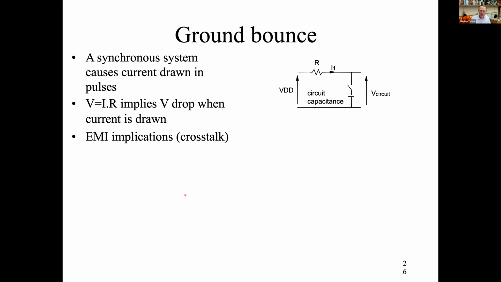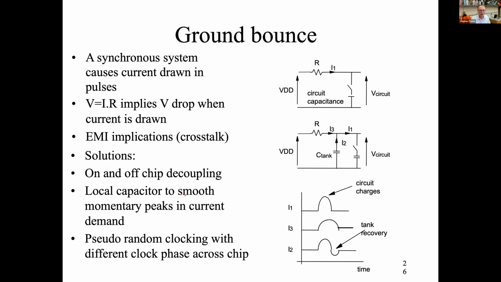And you then have some EMI implications. Essentially what you have is mutual inductance: a current coming and going in one wire will induce a current in another wire.